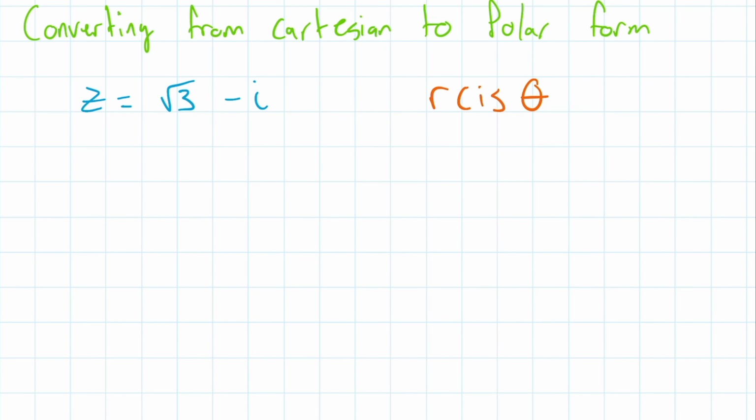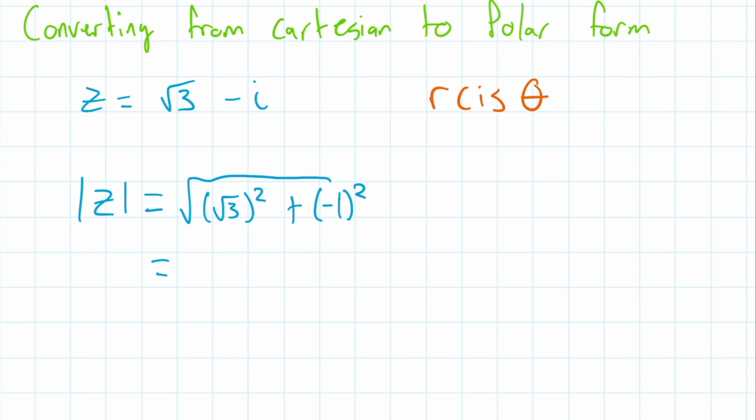So first up, let's find the modulus of z. The modulus of z is going to be equal to the square root of root 3 squared plus minus 1 squared. Well, root 3 squared is just going to become 3, minus 1 squared is going to become positive 1. This is going to give me the square root of 4. So that means the modulus, or the magnitude of z, is going to be equal to 2.